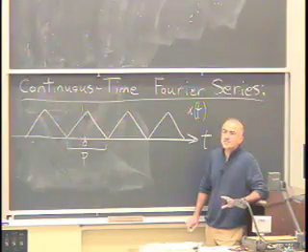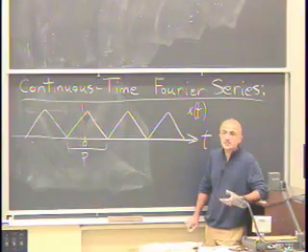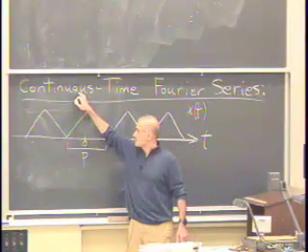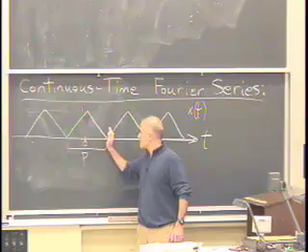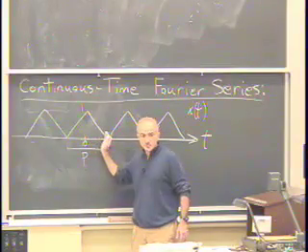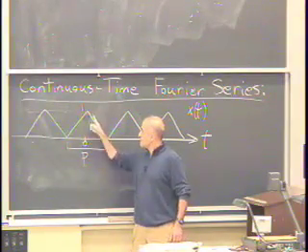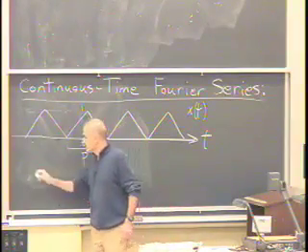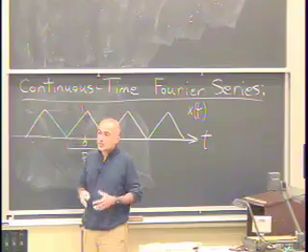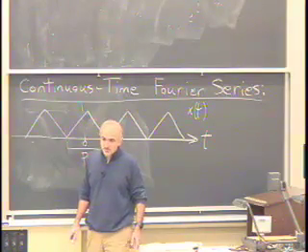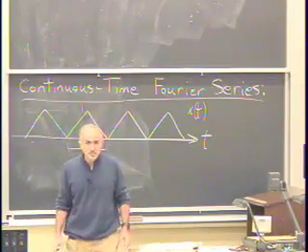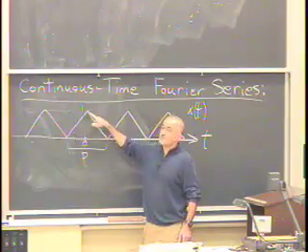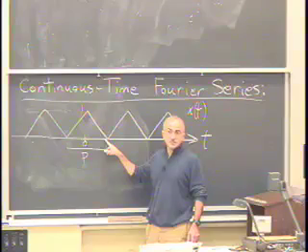The main distinction that enters the picture when we move to continuous time periodic signals is that even though I'm looking at a finite interval, the number of signal values in that interval is infinite. In fact, it's not just an ordinary infinite number. Not all infinities are equal. Some are more equal than others. I have an uncountably infinite set of points in one interval.